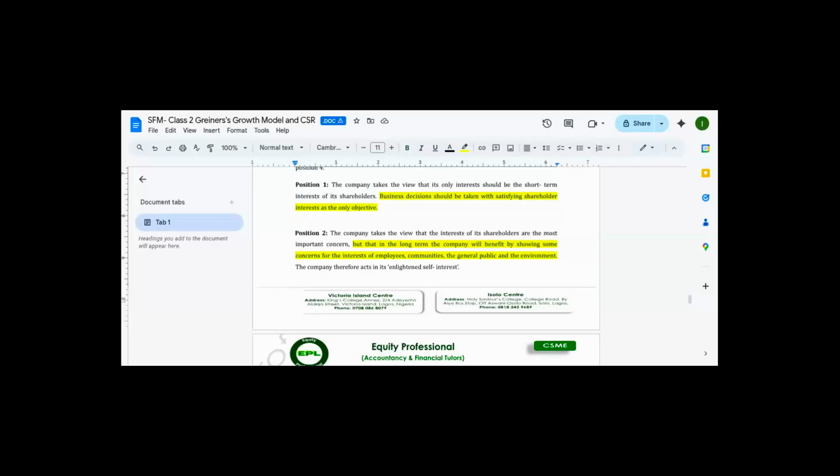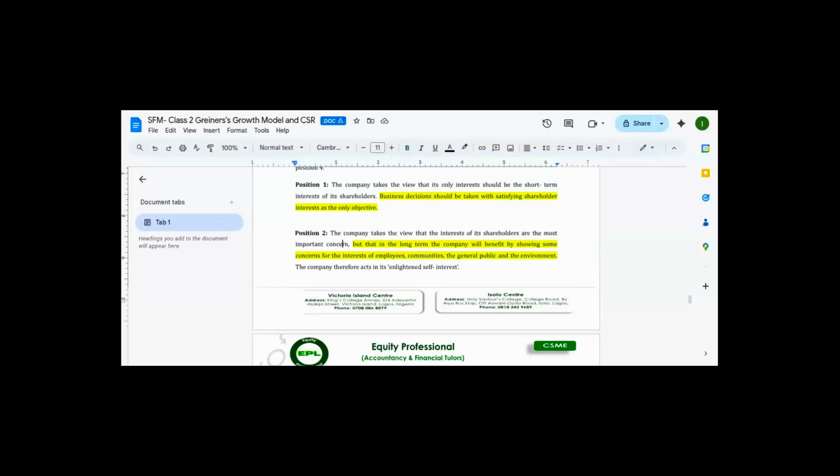These are the orientations, the ethical perceptions, that we are trying to change. And thank God it has been relaxed, a little more flexible now, and that's the reason why we have position 2. What does position 2 say? The company takes the view that the interests of its shareholders are the most important concern.